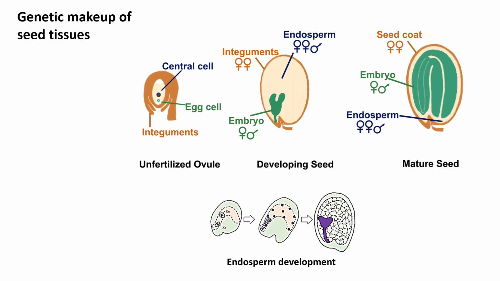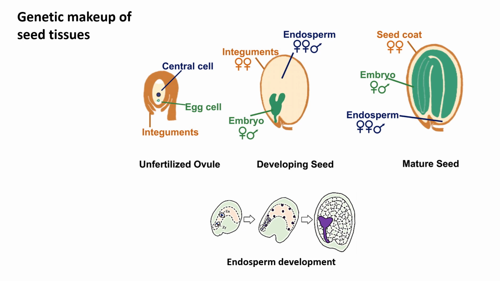Before proceeding to the development of the seed, let us recall that seeds are the product of two independent fertilization events that give rise to the diploid embryo from the fertilized egg cell and a triploid endosperm from the fertilized central cell. The embryo and endosperm are genetically similar in that they have representation of both the maternal and paternal genomes.